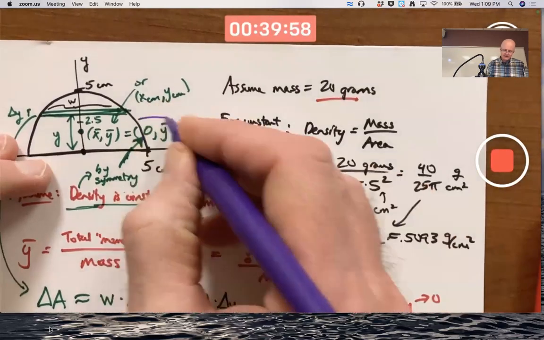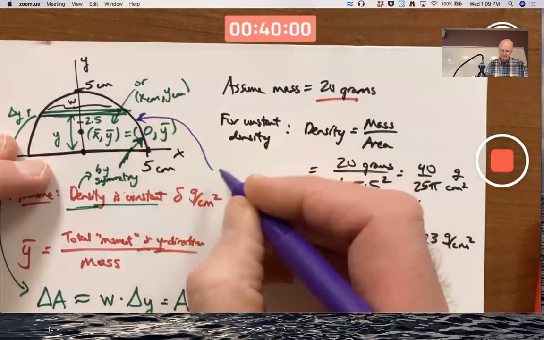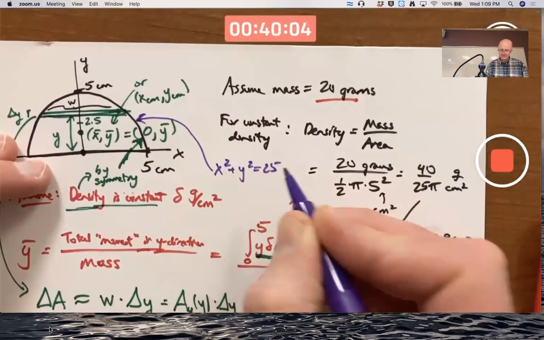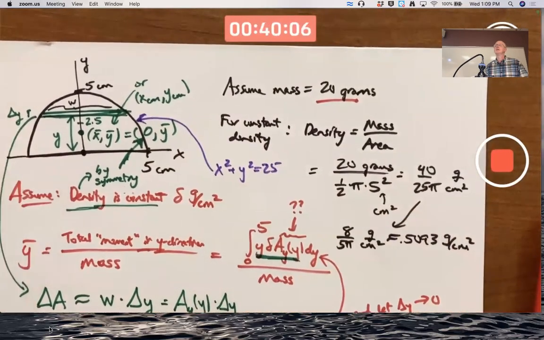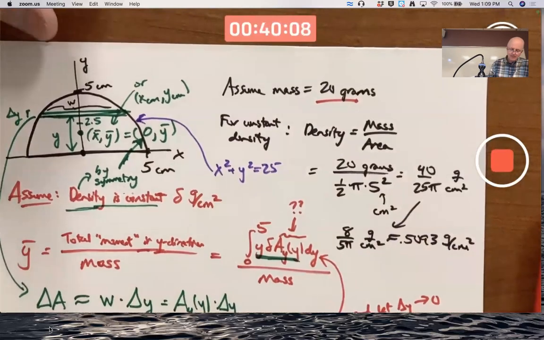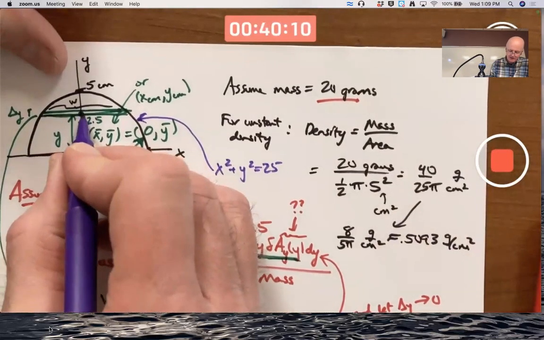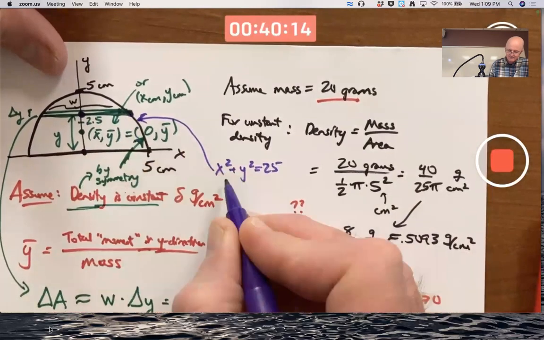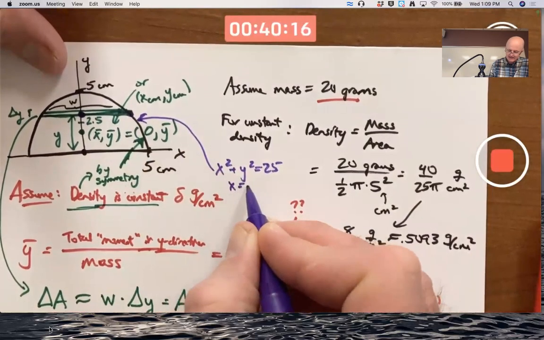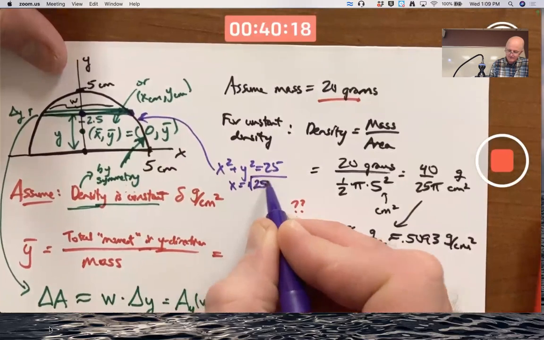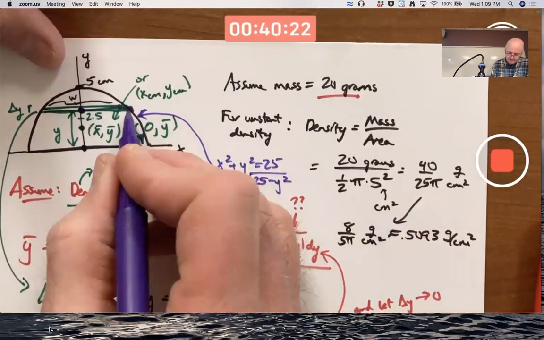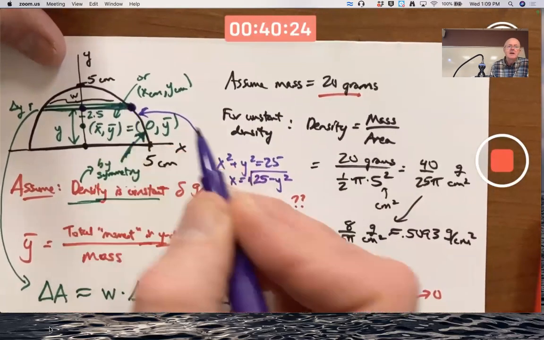The equation of this semicircle is x squared plus y squared equals 5 squared. At a given value of y, the x coordinate can be found by solving for x as square root of 25 minus y squared. The x coordinate of that point right there.